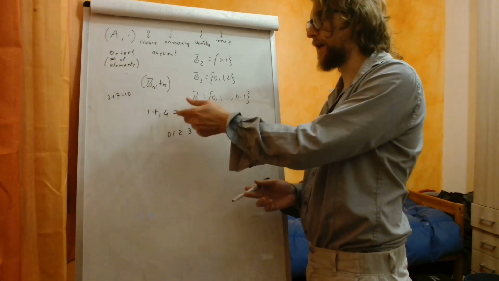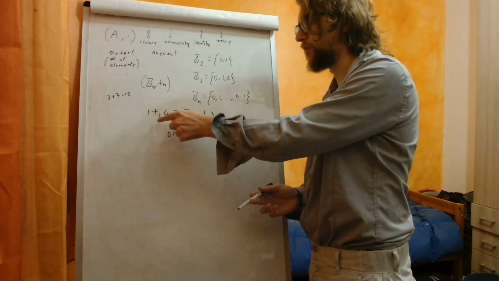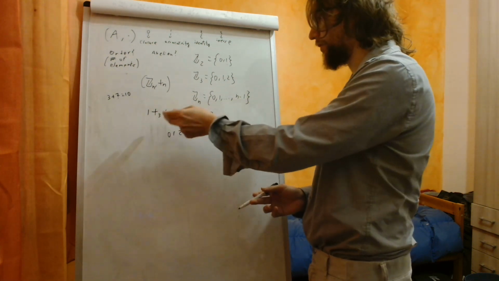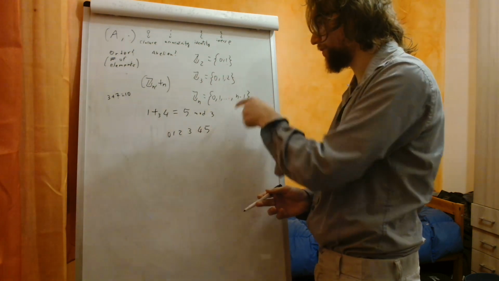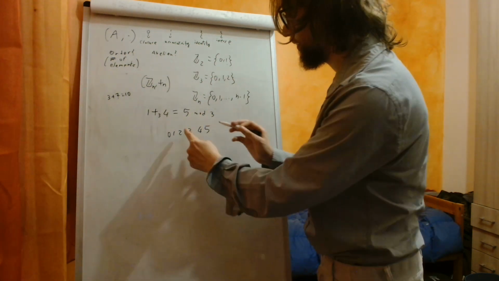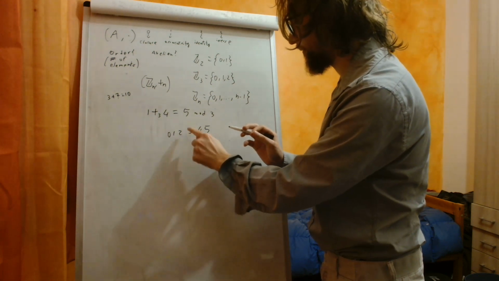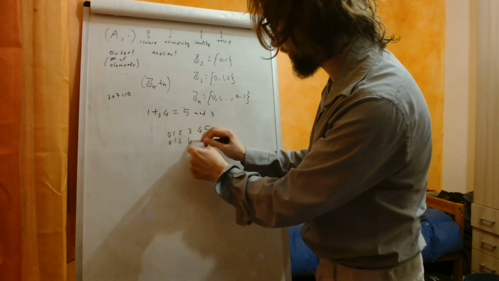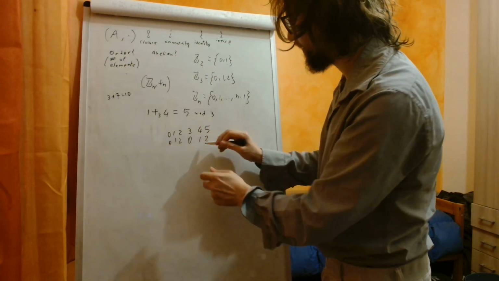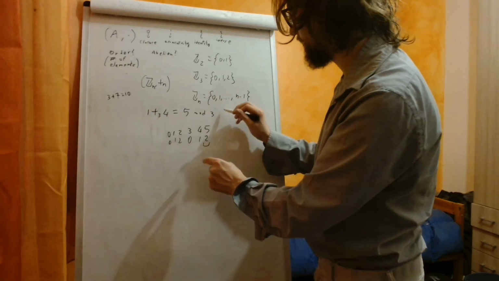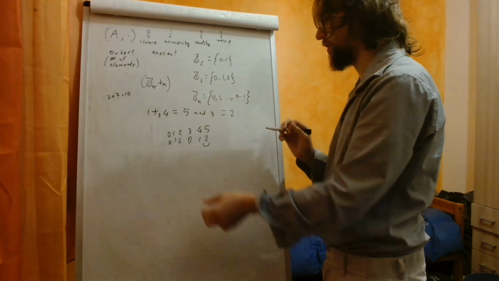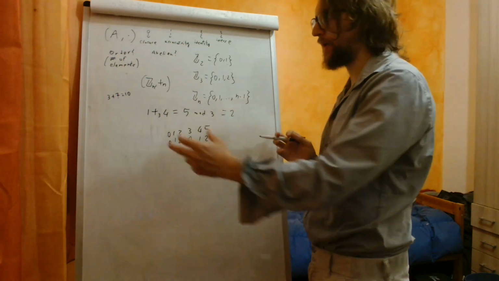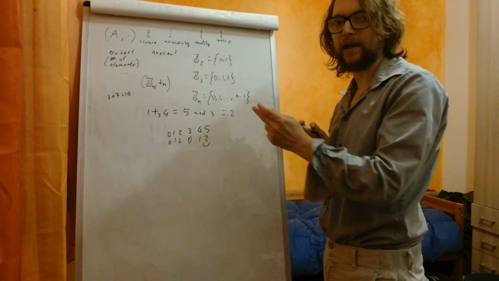So 1 plus 4 is 5, and 1 plus 4 modulo 3 is 5 modulo 3, but numbers modulo 3 only go from 0 to 2, so when they arrive at 3 they repeat. So actually modulo 3 they are 0, 1, 2, 0, 1, 2, so the result is 2, so 5 modulo 3 is 2. Basically, the numbers modulo n repeat at each cycle of n elements.